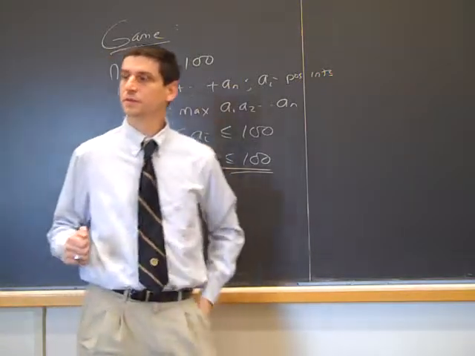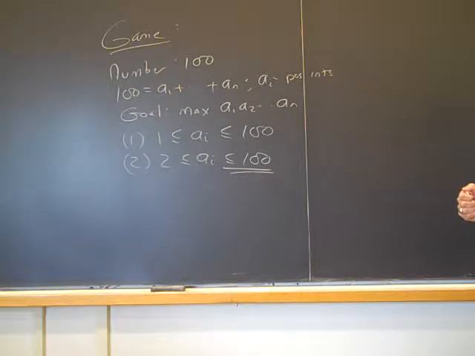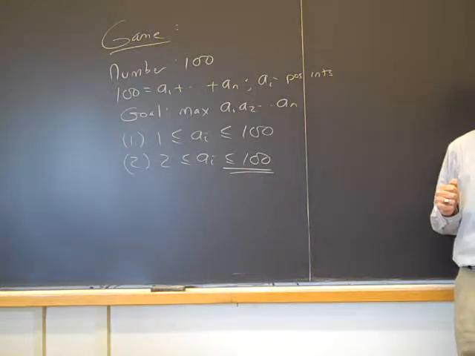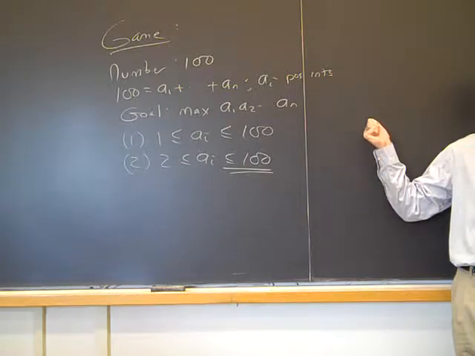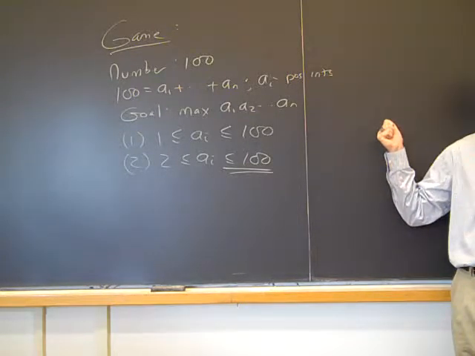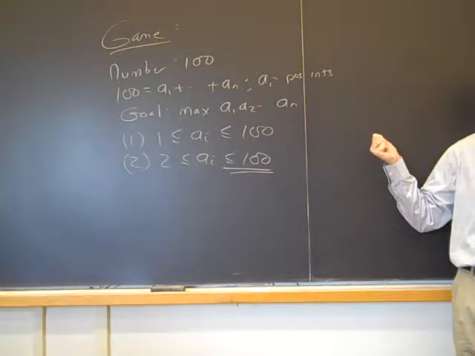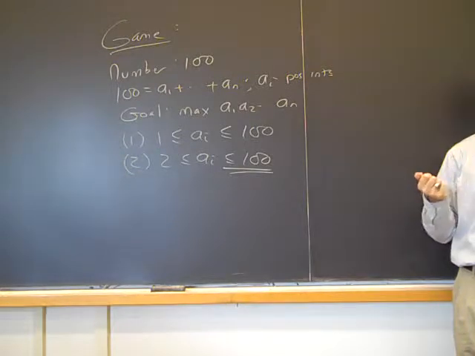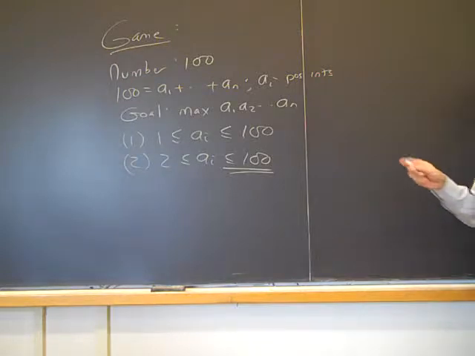Right. So what could you do if one of your terms was 16? What could you replace it with? 2 8s. You could replace it with 2 8s. And the product is bigger. 8 times 8 is 64. So just to make things a little bit easier, rather than replacing with 2 8s, I just have to replace it with something better.